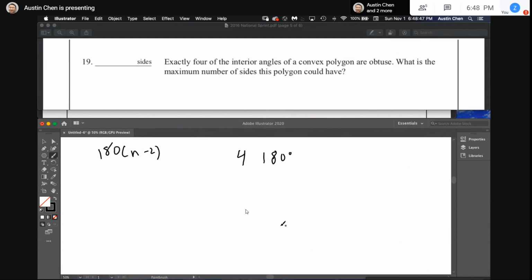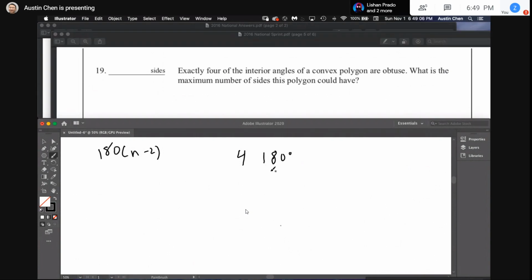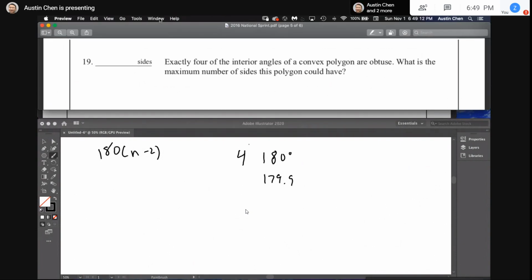But if we get some sort of exact equality thing, then we'll have to come back and make sure that our assumption of the obtuse angles equaling 180 degrees doesn't mess anything up, right? If we get an exact equality, then we'll basically have to make this kind of like 179.9 and see if that changes anything, right? Okay, but whatever. I hope that makes sense.